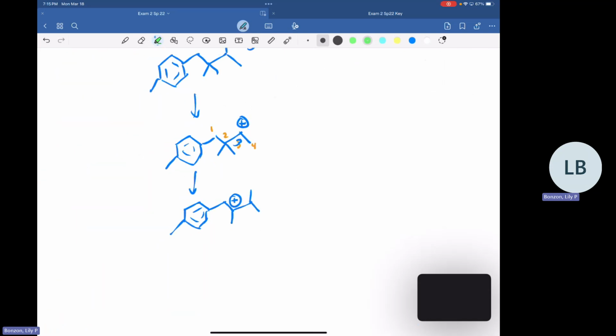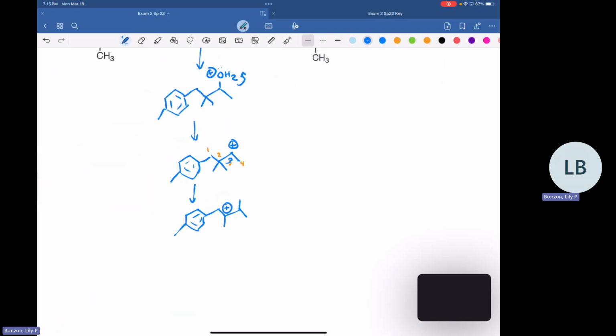So what I'm going to do is I'm actually going to redraw it real quick. That's what I'm going to do. I'm actually going to take one of these double bonds, and I'm going to have that attack the positive charge. So we're just going to do that.